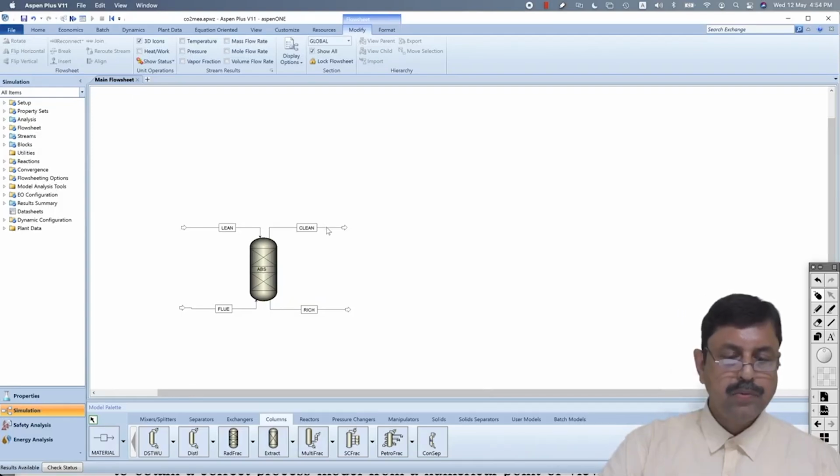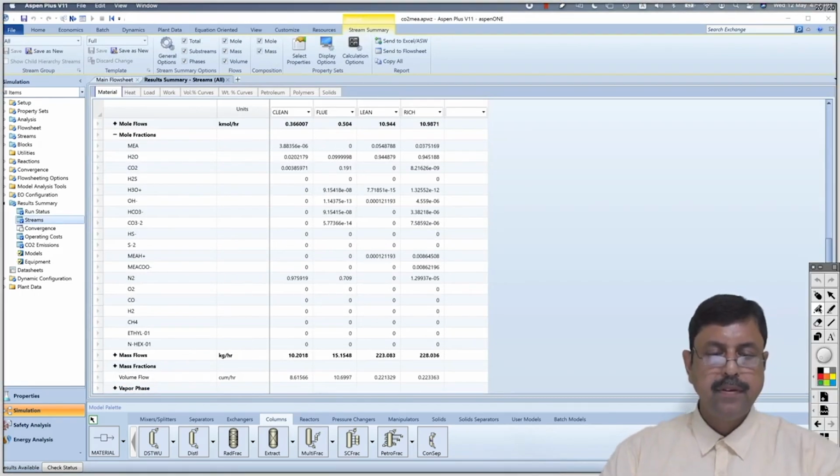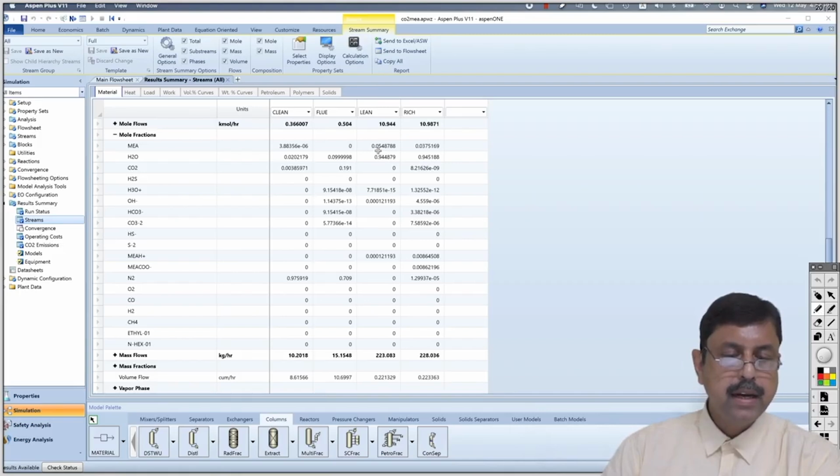Okay. Now, at this moment, let us see the stream results. Now, let us compare the mole fraction. So, in the lean gas, we had 94.48% of water. The percentage has increased in the rich gas because a considerable amount of water that was there in the flue gas has come to the amine.